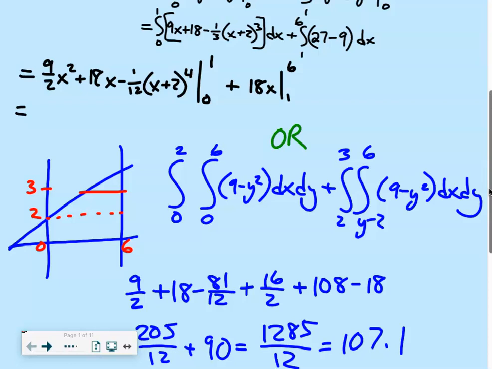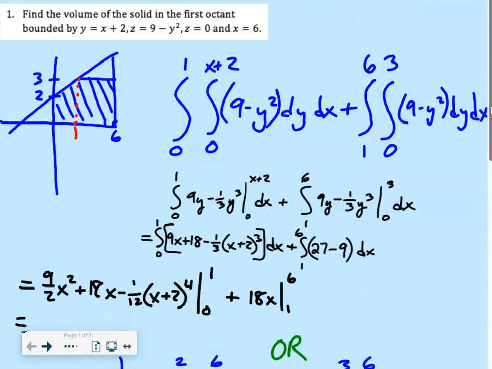Could you go over the diagram for the dy dx one? Yeah. So, we are bounded by y equals x plus 2, that's just literally this line right here. Okay. So that takes care of that one.